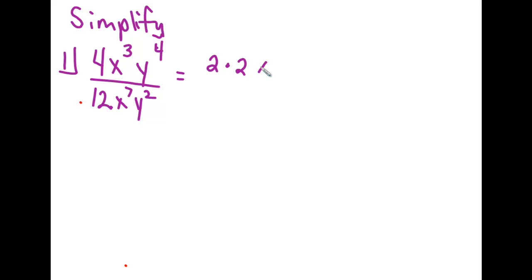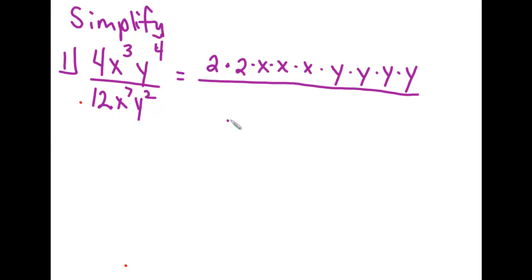X cubed is the same thing as x times x times x. Y to the 4th is y times y times y times y. 12 is 2 times 2 times 3. X to the 7th, there are 7 x's and 2 y's.